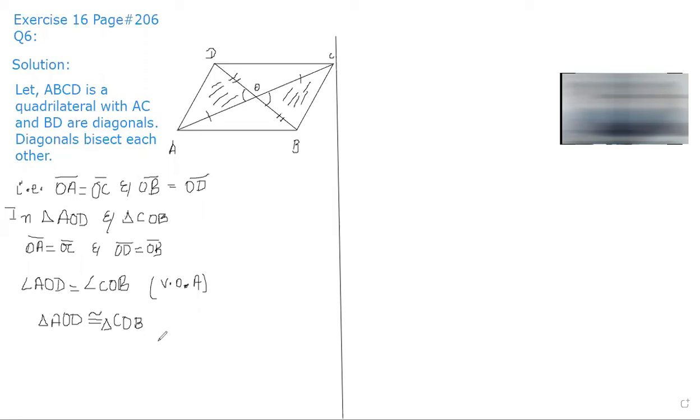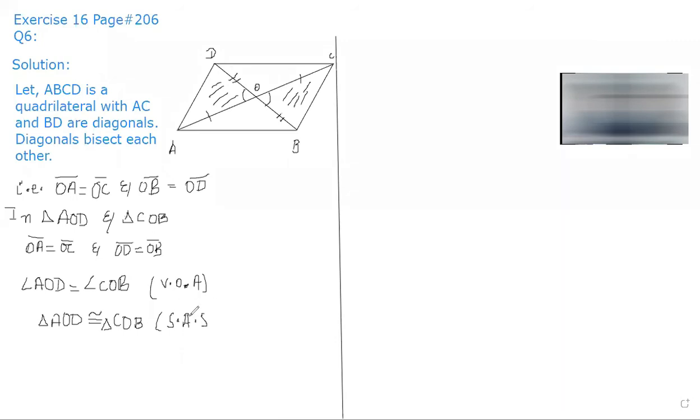Which case have we used? We have used SAS congruency. SAS means that if two sides and the included angle are equal to each other, then the given triangles are congruent.